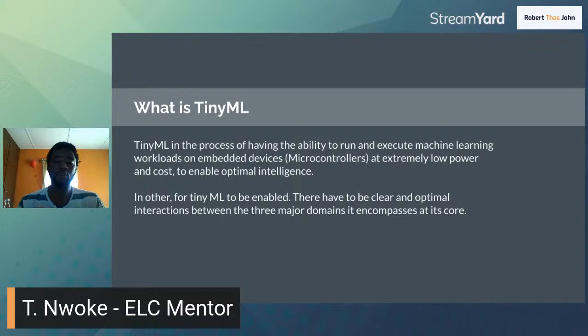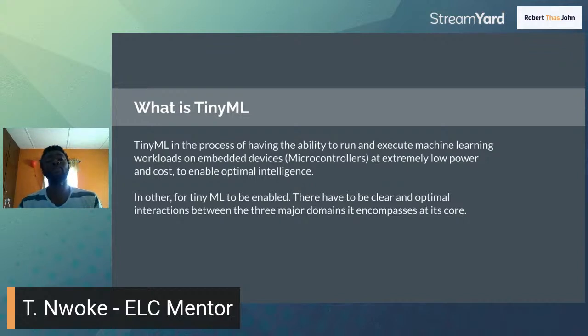And the reason for this is basically to reduce the computational costs and also reduce the latency between where the data exists and where the data is to be processed. And in order for TinyML to be enabled, there has to be a clear and optimal interaction between the three major domains it encompasses at its core.